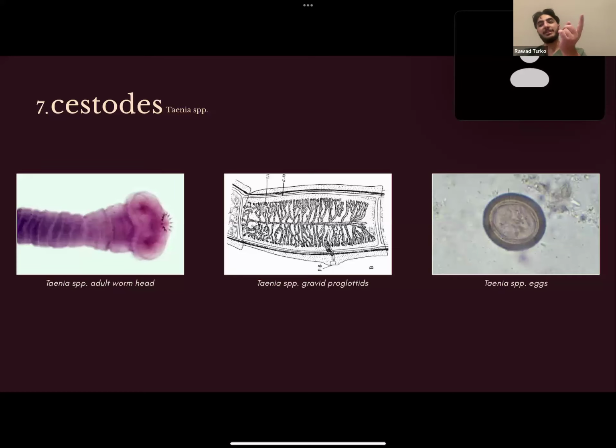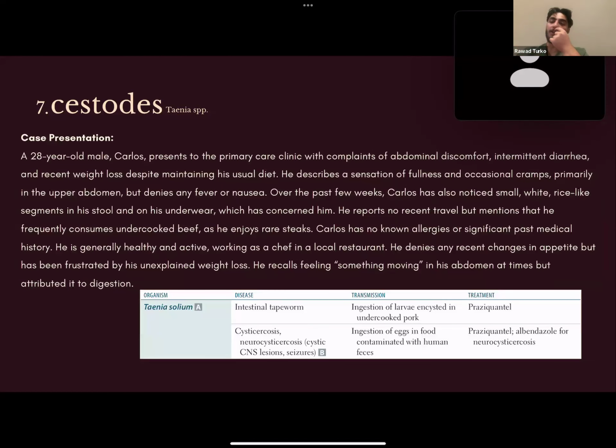Now, Taenia solium can also, or actually first let's talk about the case presentation. Abdominal discomfort, intermittent diarrhea, and recent weight loss. What else? Sensation of fullness and occasional cramps. And he frequently consumes undercooked beef as he enjoys rare steaks. He recalls feeling something moving in his abdomen at times, but attributed it to digestion.